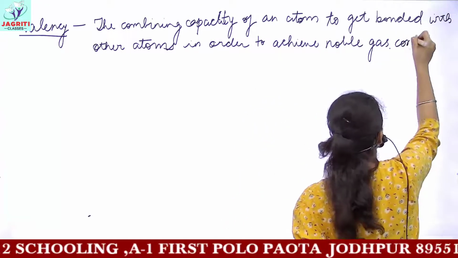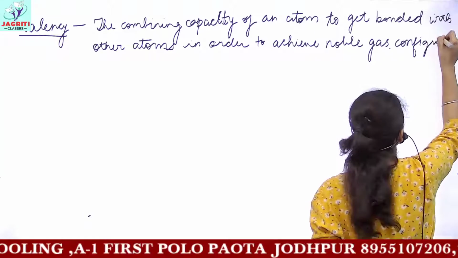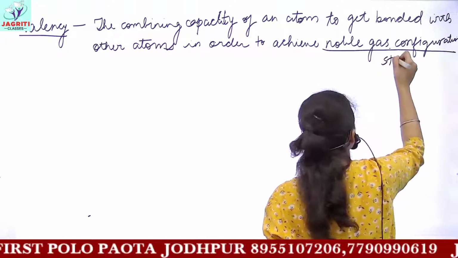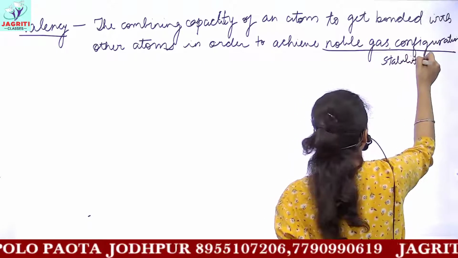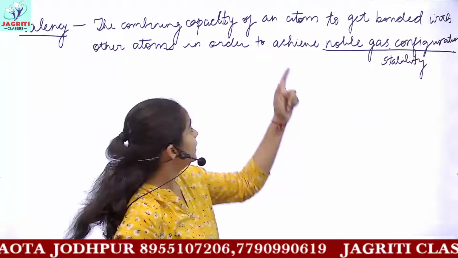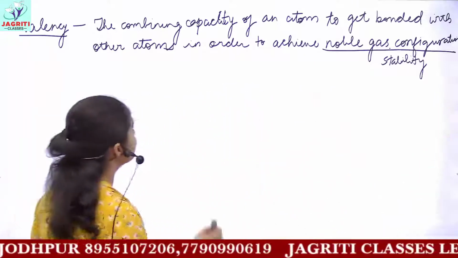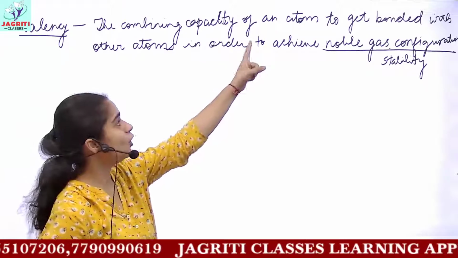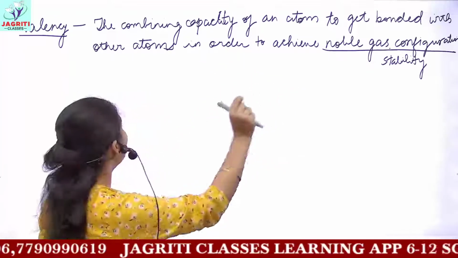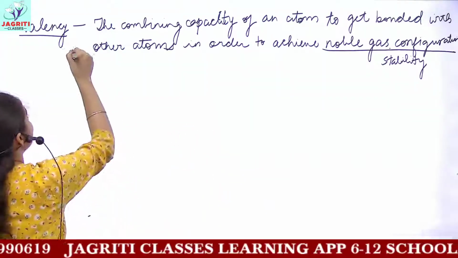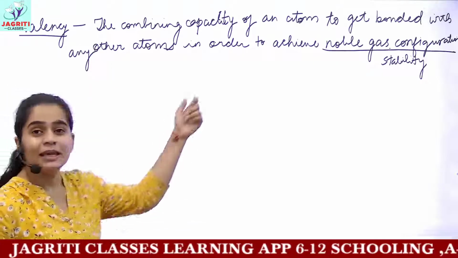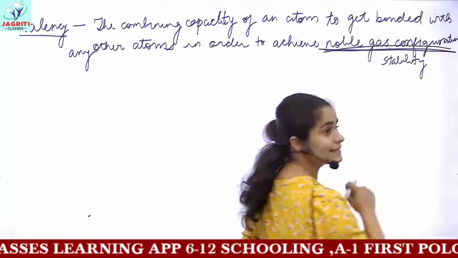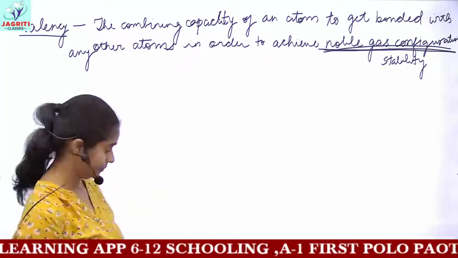This word is very important, noble gas configuration. Noble gas configuration actually means stability. For the term stability, we use the words noble gas configuration. So this is what you mean by valency. Valency is the combining capacity of an atom to get bonded with any other atom, in order to achieve our main aim. We want to achieve a noble gas configuration for that atom.